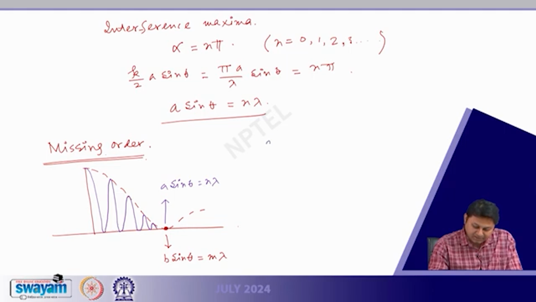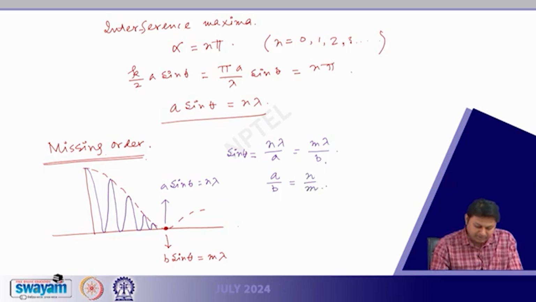So, that means n lambda divided by A is my sin theta, and I am calculating everything in the same theta, that is equivalent to m lambda divided by B. In other words, we have A divided by B is equal to n divided by m.